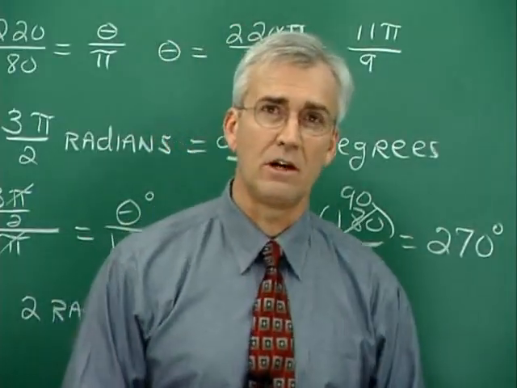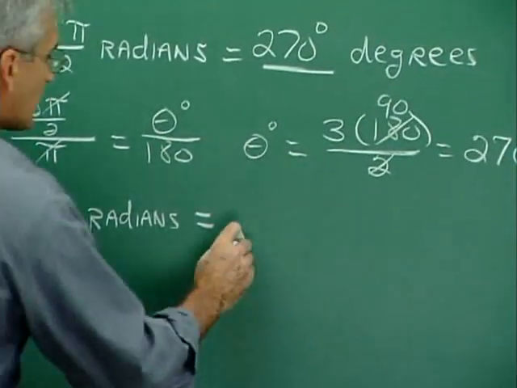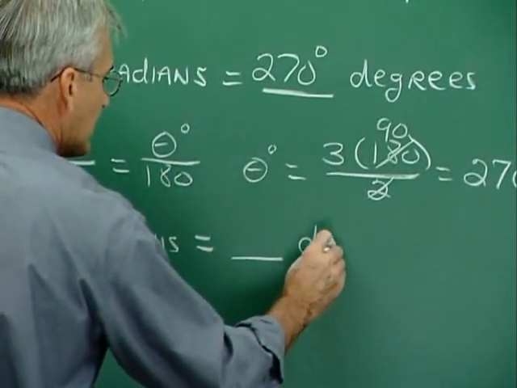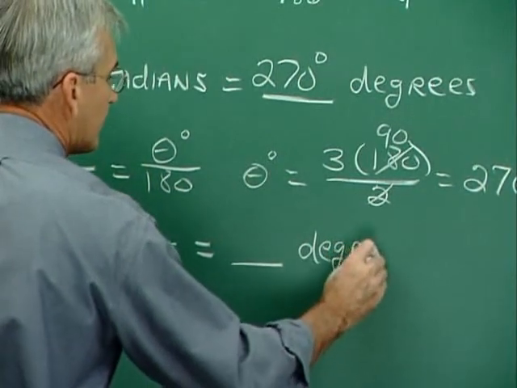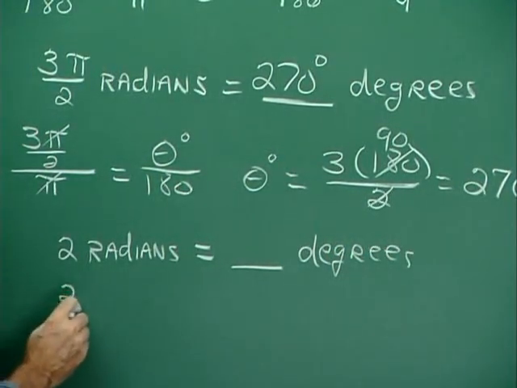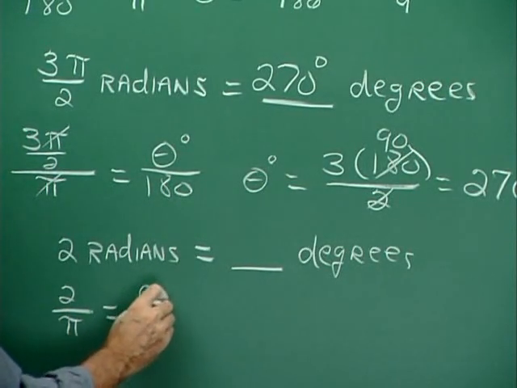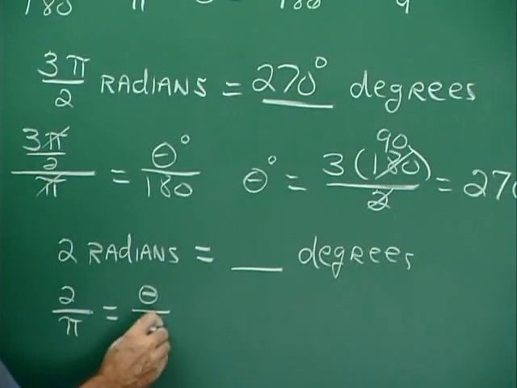Let's approximate the number of degrees in 2 radians. Well, again, we use the same idea. Now we want the number of degrees here. So it's 2 radians corresponds with pi in the same way as theta in degrees corresponds with 180.